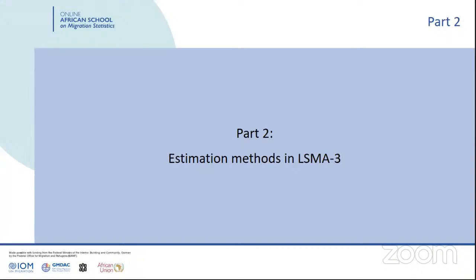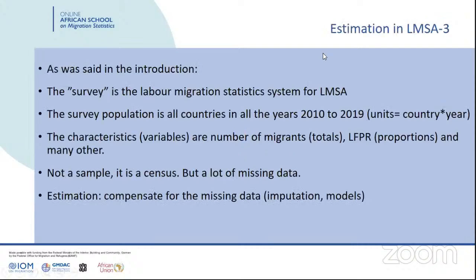Okay, now we come to part 2. And this is what I said a few minutes ago. This is not a sample survey, it's a census. The survey population is all countries in all the years 2010 to 19.